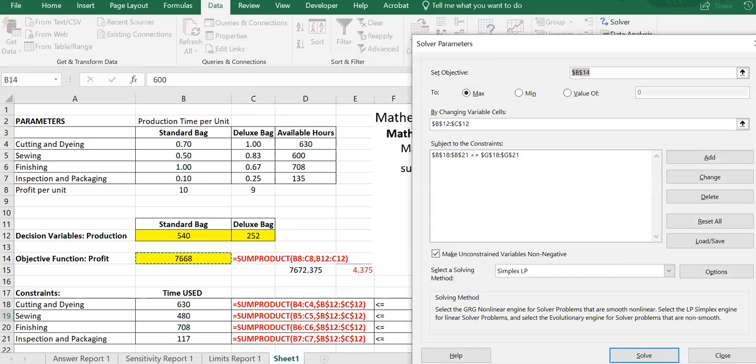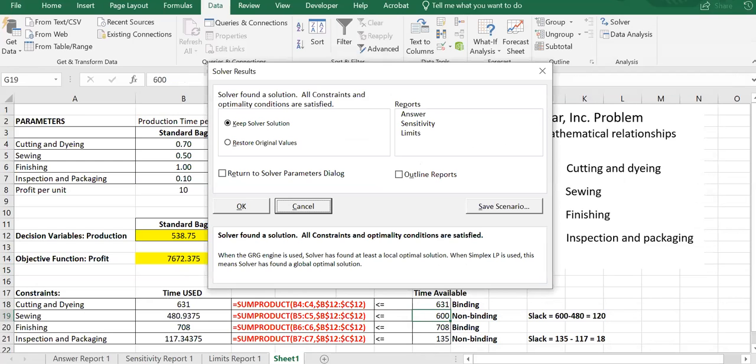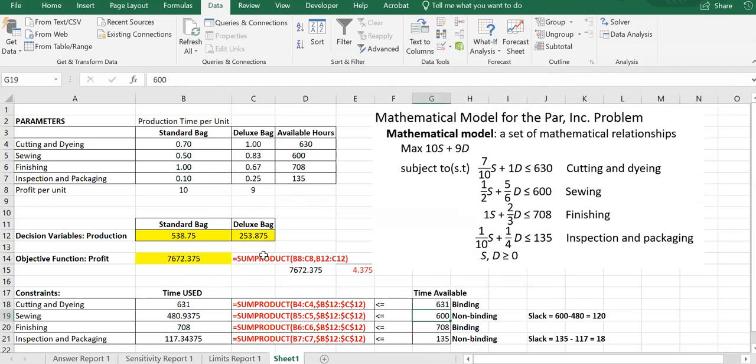Now I want to solve. I just made that change and I just want to solve. Okay. As you can see, my optimal decision changed. So the production schedule is now updated, but you see the impact on the profit.